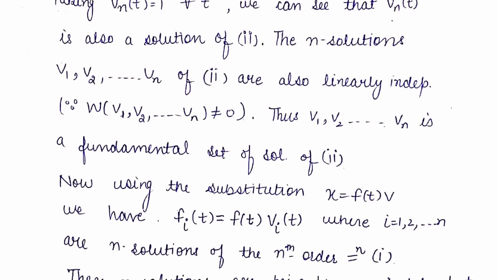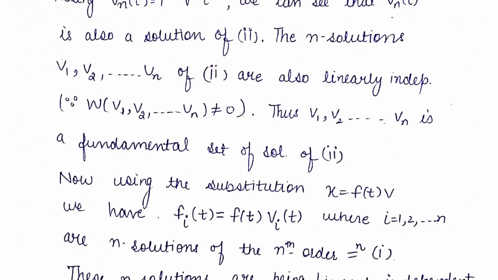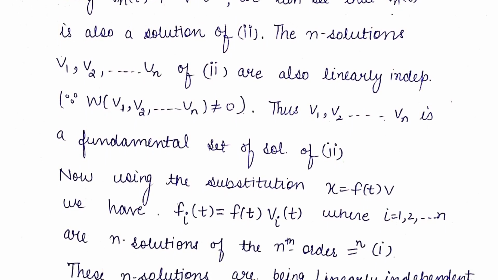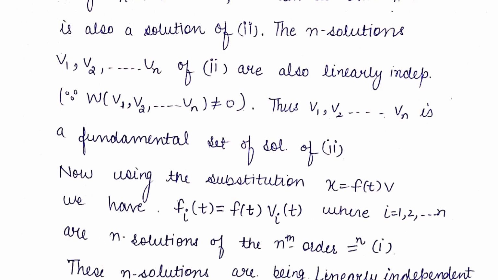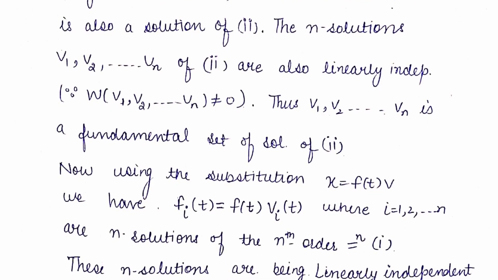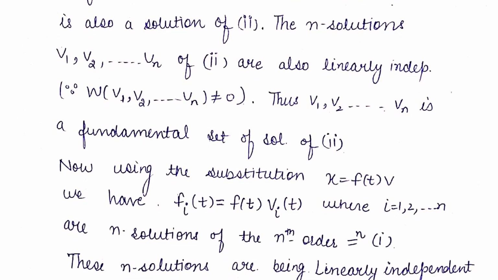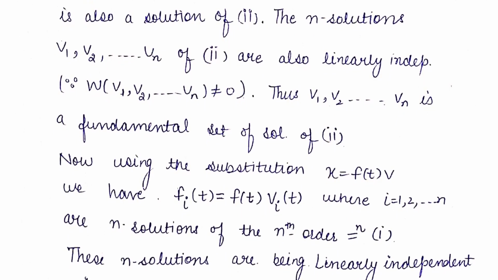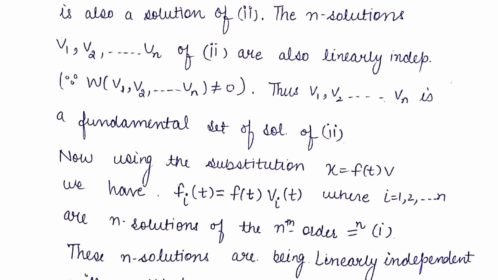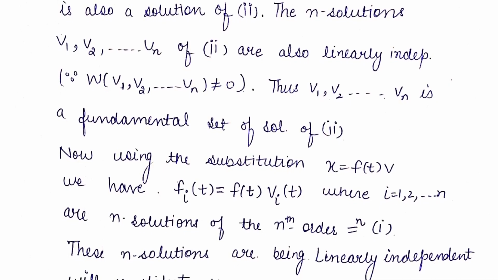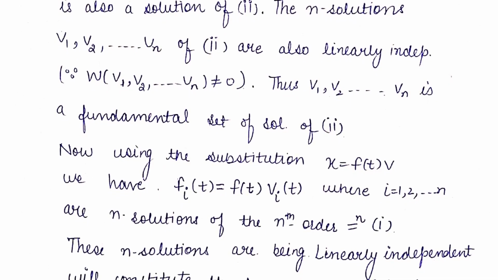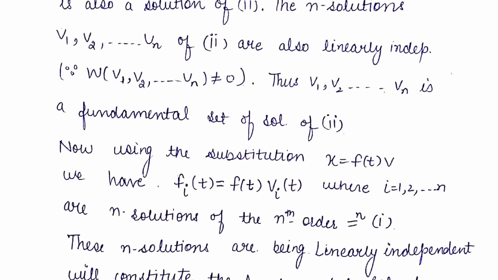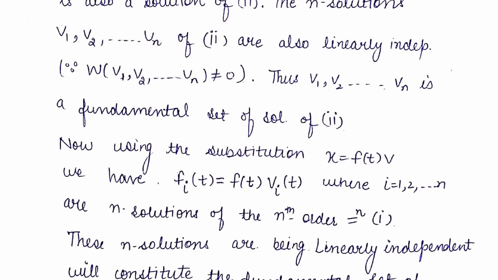But we want to find the solutions of equation 1, and for that, we use the substitution x is equal to f t v. In place of v, put the solutions V1, V2, ..., Vn. So you will get n values of x, namely f1, f2, ..., fn, which is equal to f t into Vi t.